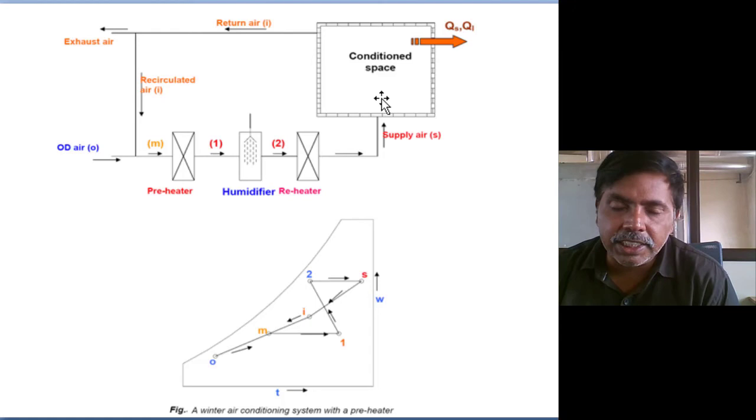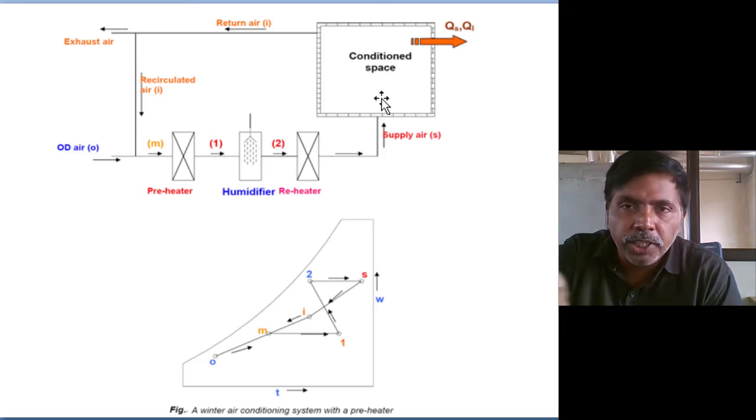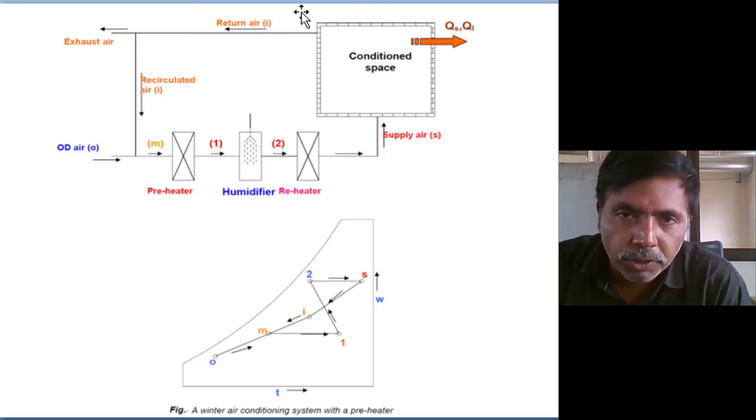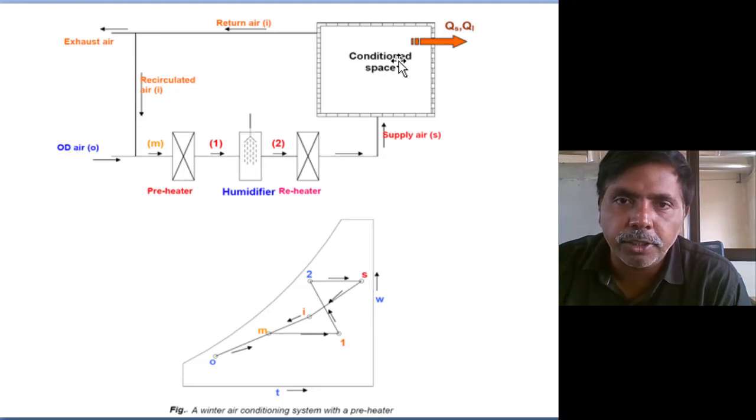So first I want to do sensible heating. Whatever charge is coming from the room is cold air, and we are sending hot air inside the room. Why? Because we are rejecting heat.